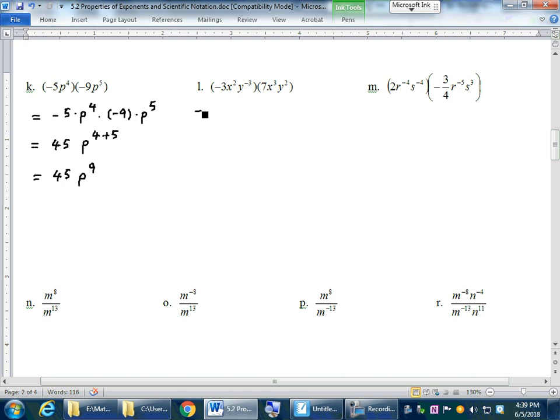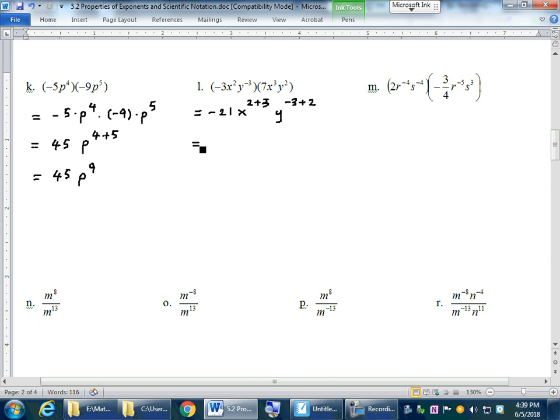Similarly, for the next one, negative 3 times 7 will be negative 21. And x to the 2nd power times x to the 3rd power, so this is x to the 2nd plus 3rd, right? Same base, you add the exponents. And y to the what? Negative 3 plus 2 using property number 1.